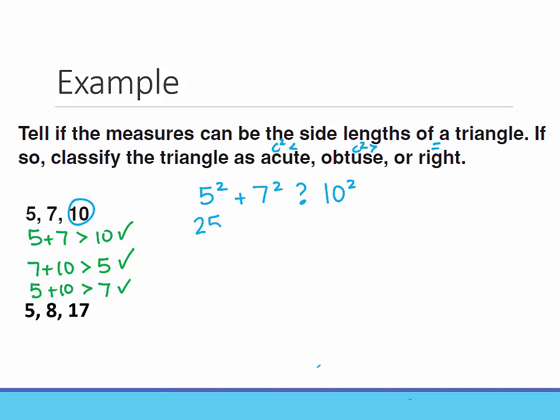So 5 squared is 25, 7 squared is 49, and 10 squared is 100. If you add 25 and 49, you get 74. Now, since 74 is less than 100, that means c squared is greater. And because of that, you have an obtuse triangle here.